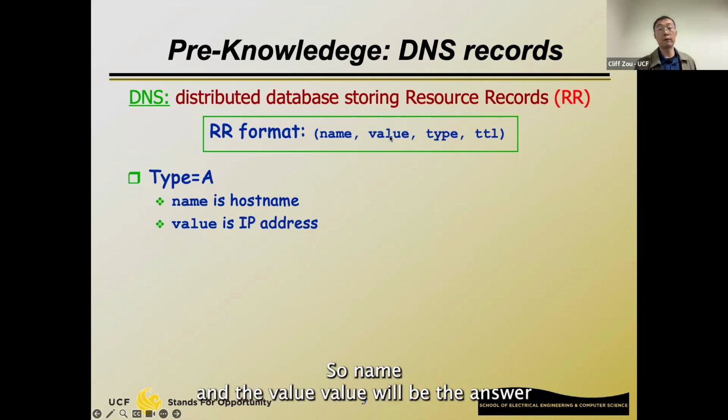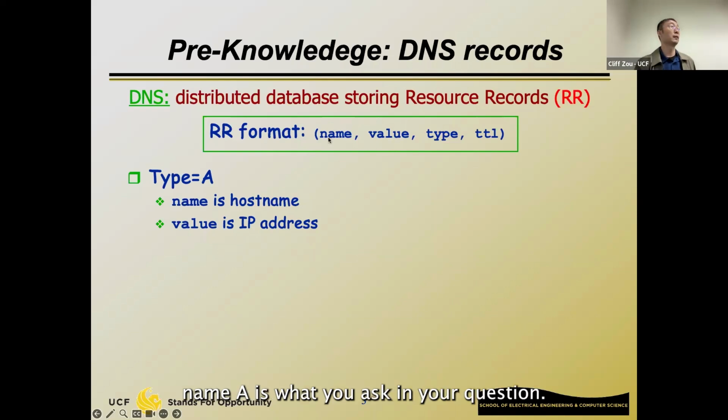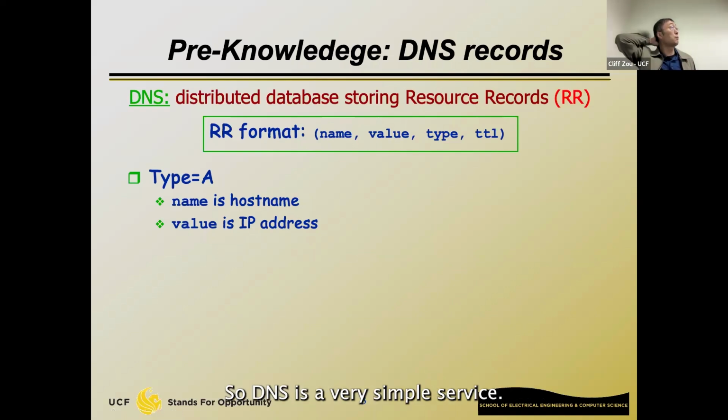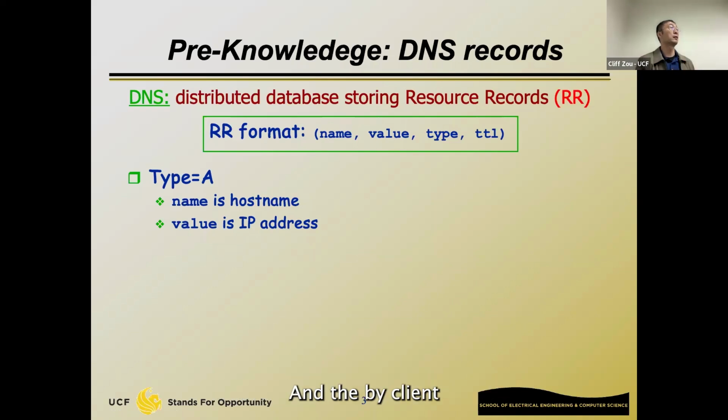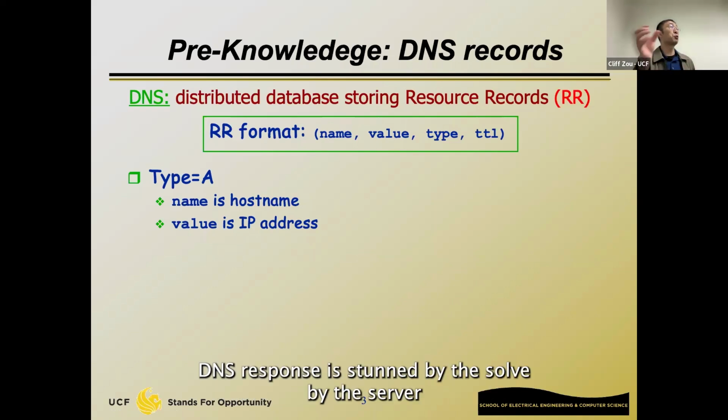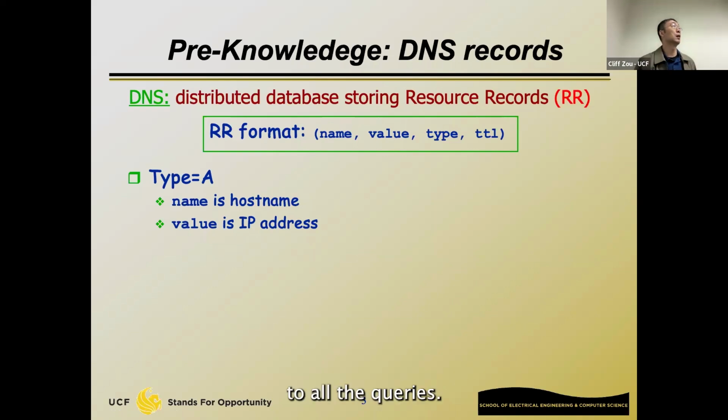So name and value. Value will be the answer. Name is what you ask in your question. So DNS is a very simple service. It only has question, query, and response. DNS query is sent by client. DNS response is sent by the DNS server to all the queries.